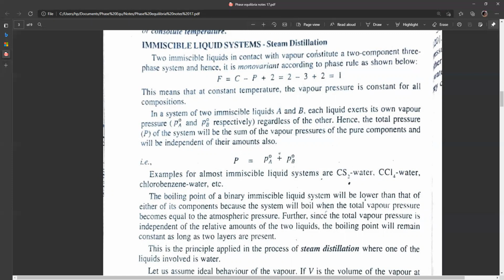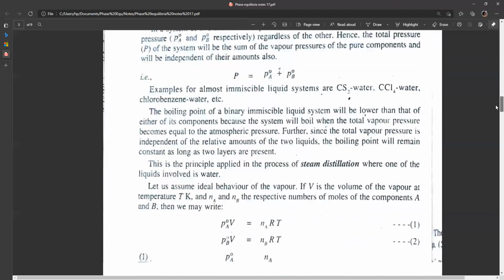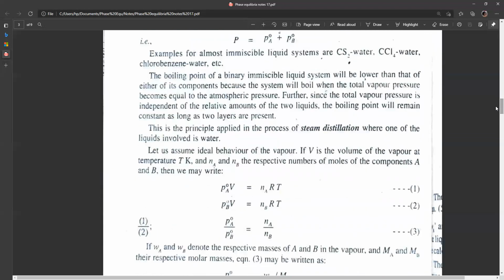This principle is applied to steam distillation, where one of the solvents involved is water. If one of the solvents is water, we can use the technique of steam distillation for recovery of the other liquid from water.